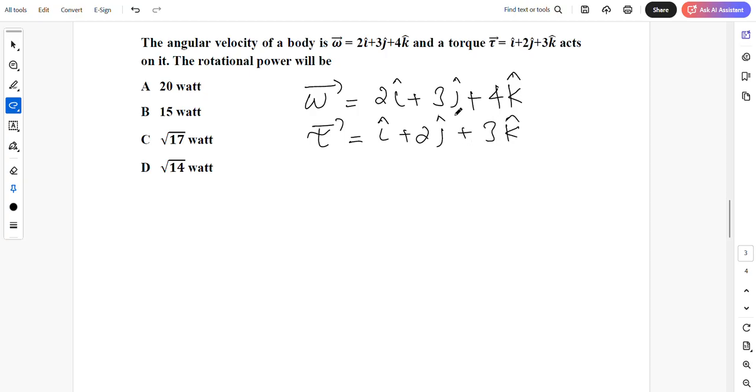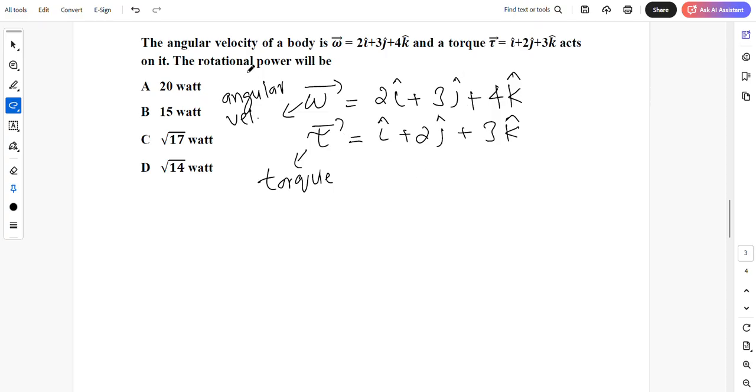Okay, 2i cap plus 3j cap plus 4k cap is the angular velocity, and the torque is given in vector form. Omega vector and tau vector they have given.